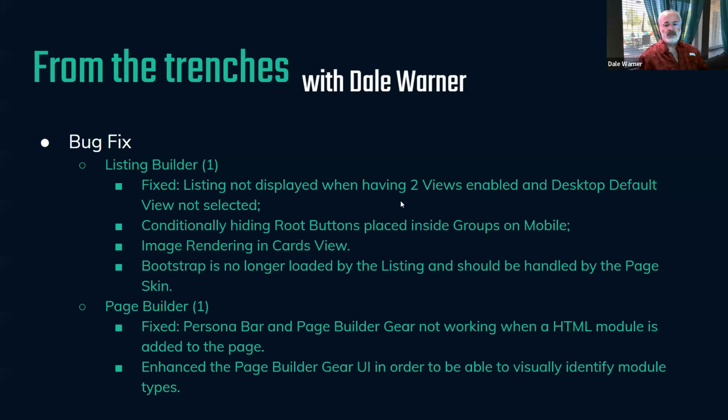So that's fixed. Some changes in the area of root buttons when you're working with mobile. If you're trying to display an image, the image rendering was assuming that the image that you wanted to display was local to your instance, and we've fixed that. If your images are elsewhere, other URLs, that's now fixed.